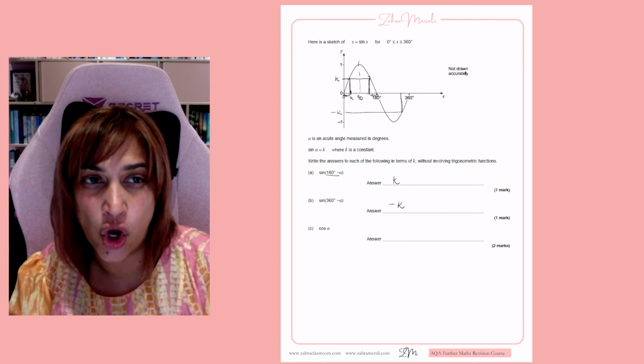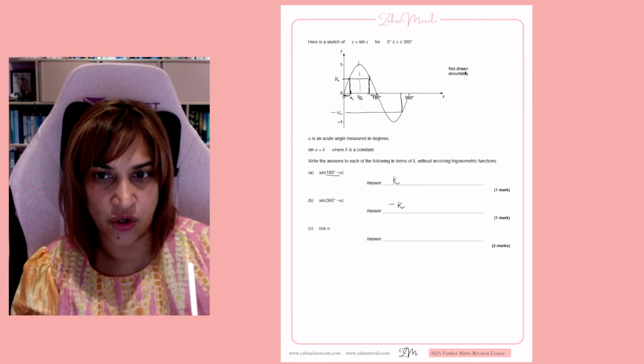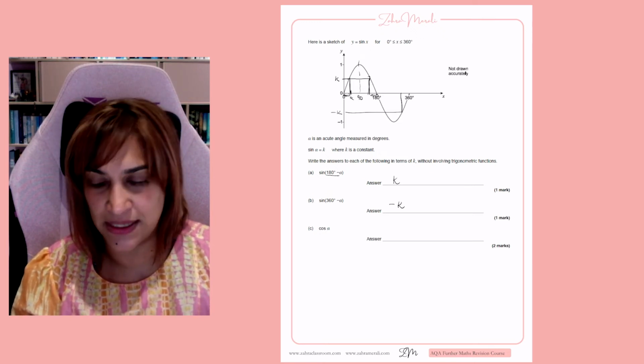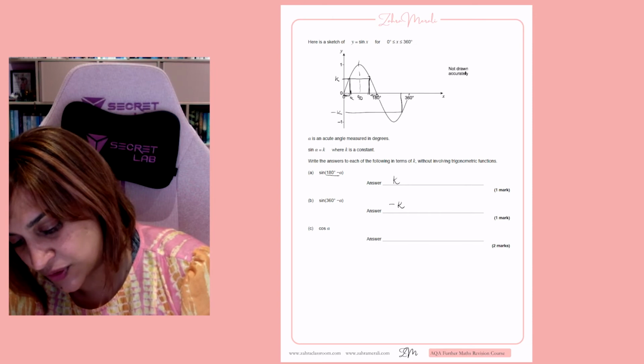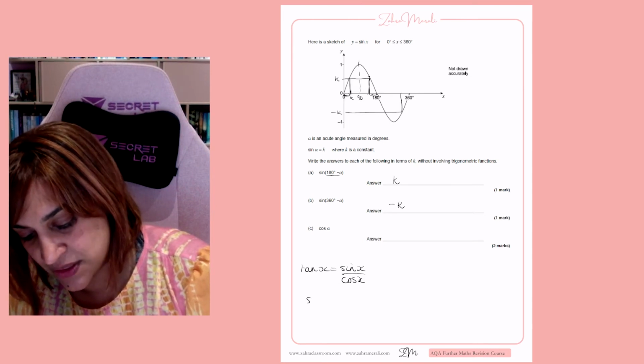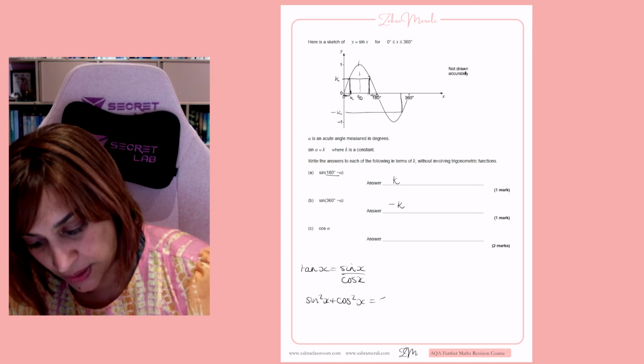And then cos of alpha, so what's your connection between cos and sine? So what we need to know is we've got some rules. We've got tan x, we said was sine x over cos x. But your connection between sine and cos is sine squared plus cos squared equals 1.